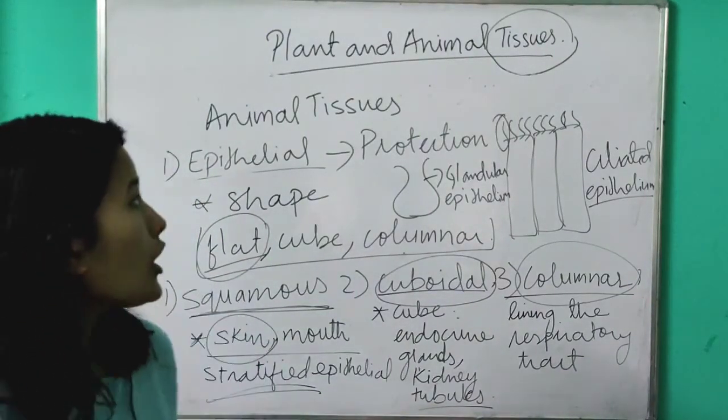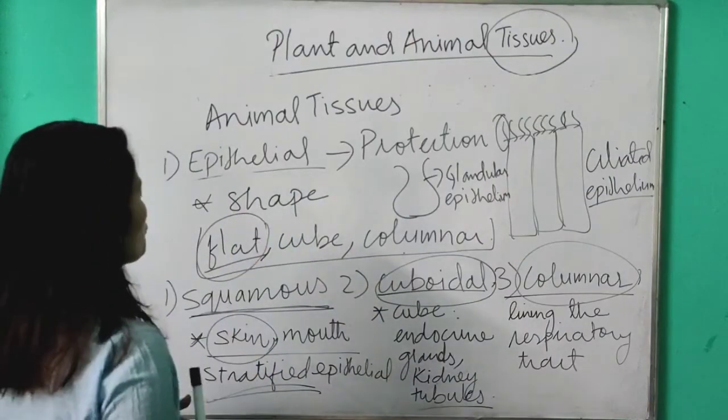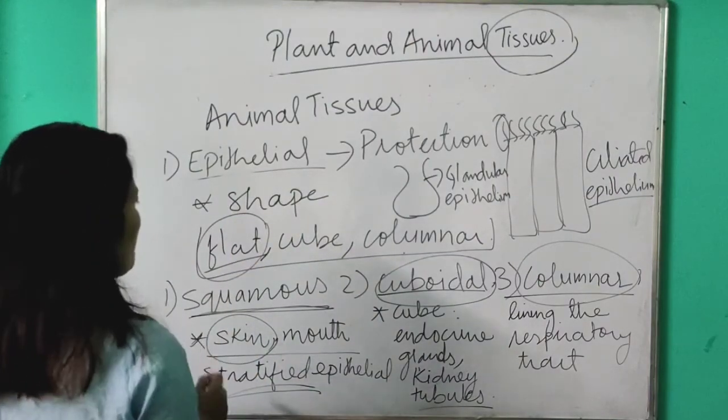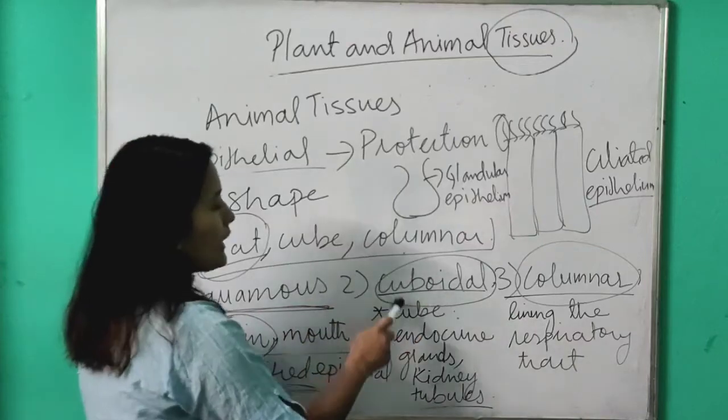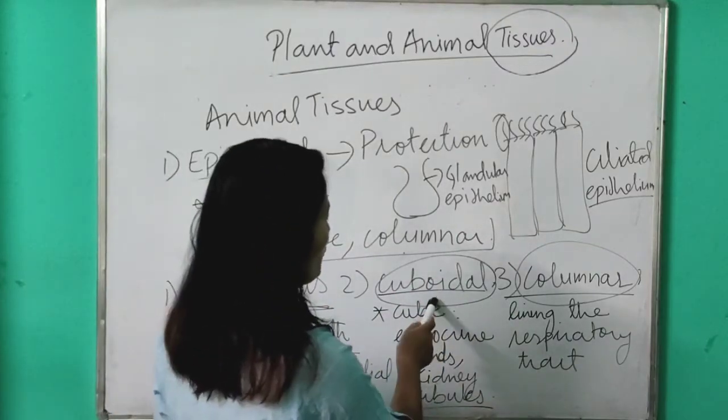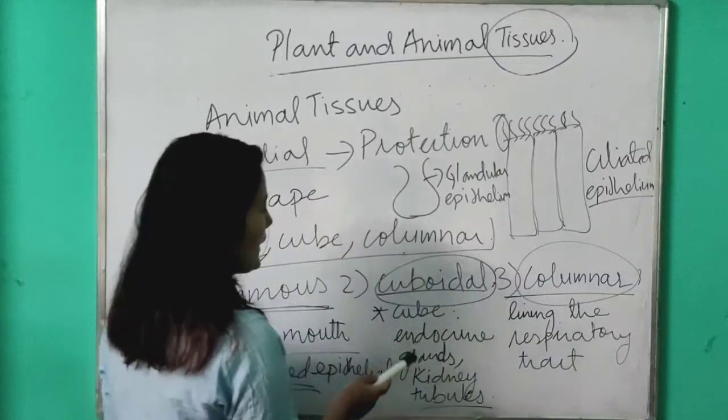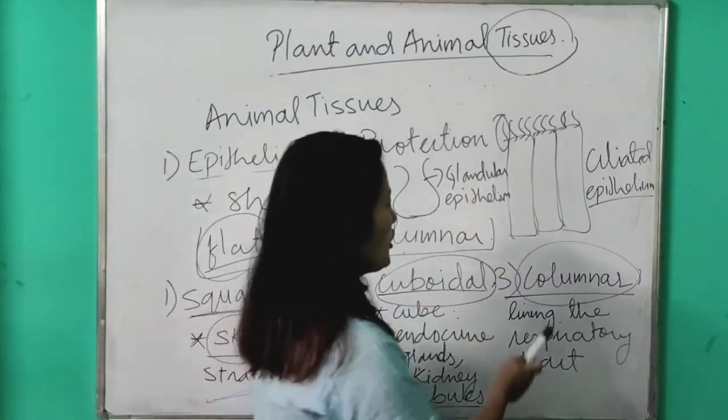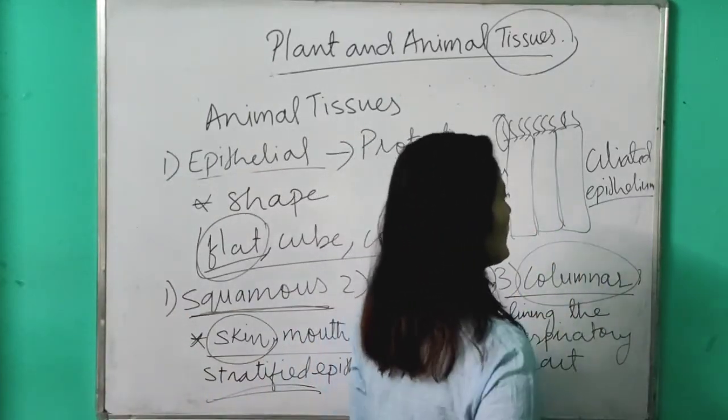Okay, so that's all about epithelial tissue. So on the basis of shape, there are 3 types. Now within that you also have certain modifications, like cuboidal, if it takes up the shape of a gland, it's called glandular epithelium. Columnar, if they have cilia, it is referred to as ciliated epithelium.